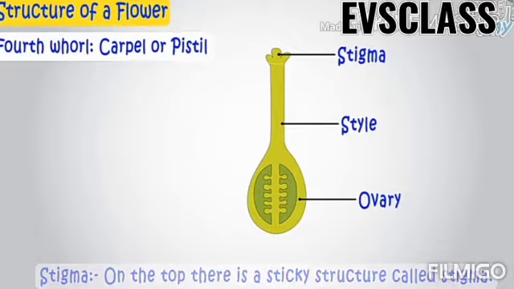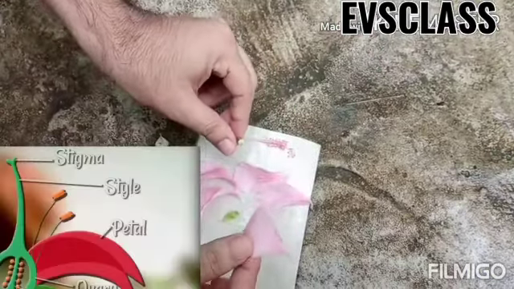Now students, you see here the pistil has three parts: stigma, style, and ovary. On the top there is a sticky structure called the stigma.